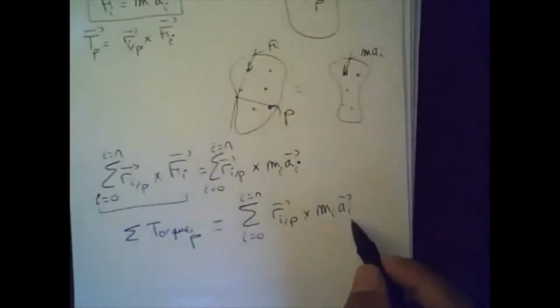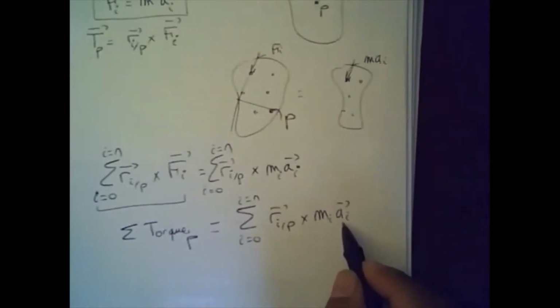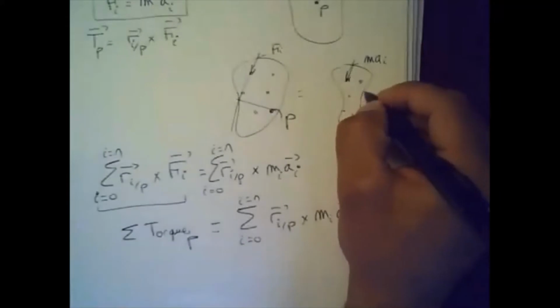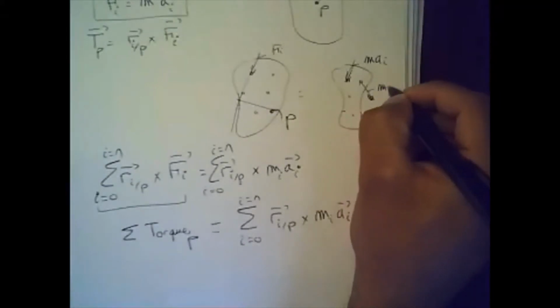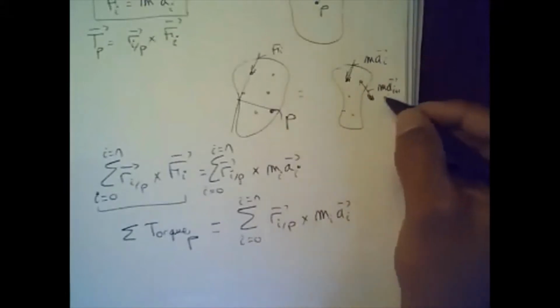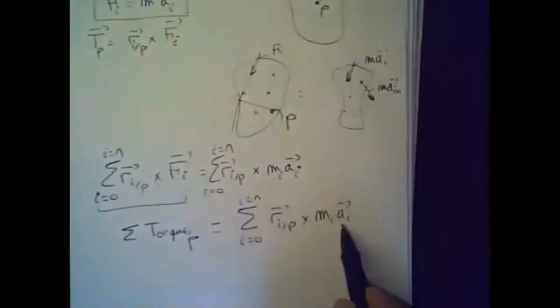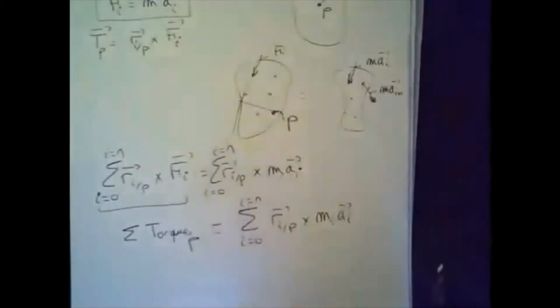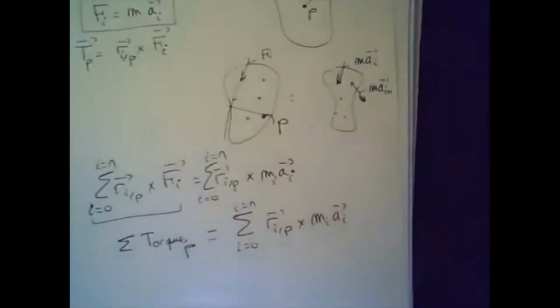Now, this is the acceleration of every point i. You need to know the acceleration at every point i, and this is m a i plus 1, for example, and then you need to know all these points. Instead, I can relate all these accelerations to the acceleration of point P. How do I do that?